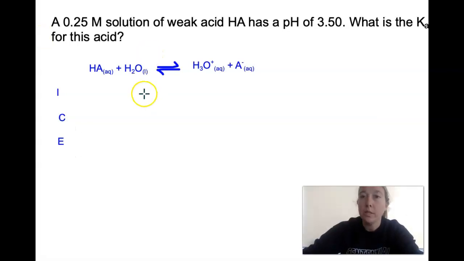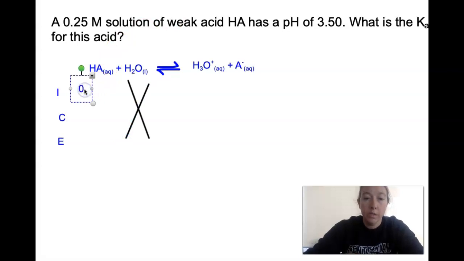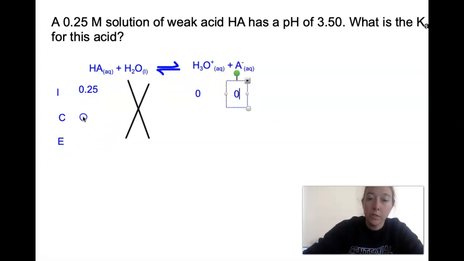So from your ice table that you've now set up, same deal, we're going to get rid of the water. So we have an initial concentration for the unknown. It's 0.25. Okay, we're going to assume these start at 0 because the question doesn't tell us otherwise. So our change values, we're going to have minus x, plus x, and then plus x.